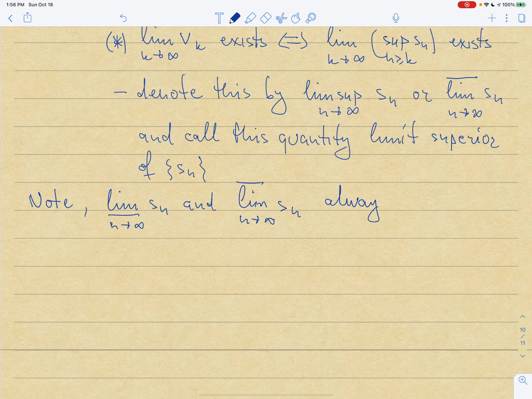Even if your sequence does not converge, lim sup and lim inf would exist.